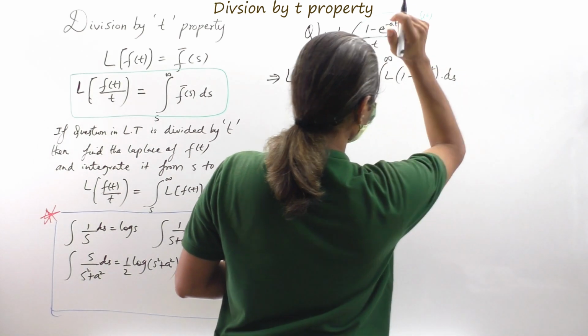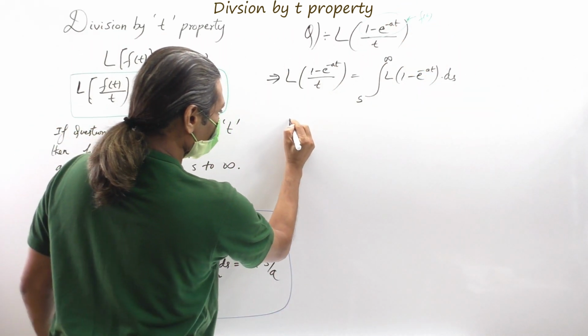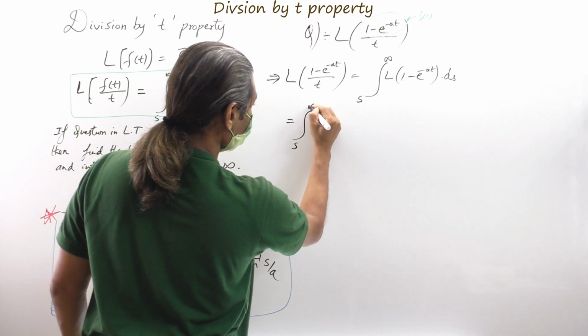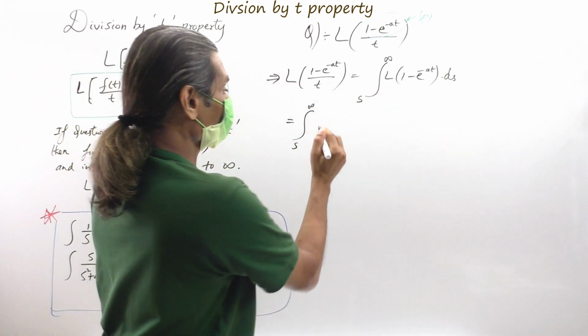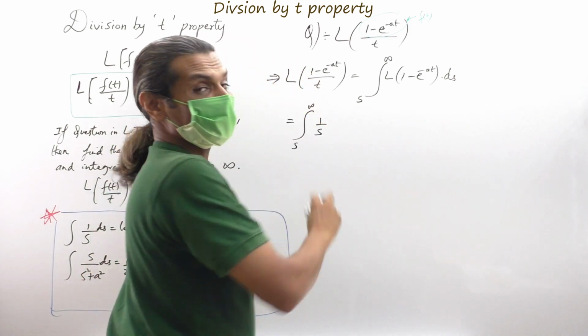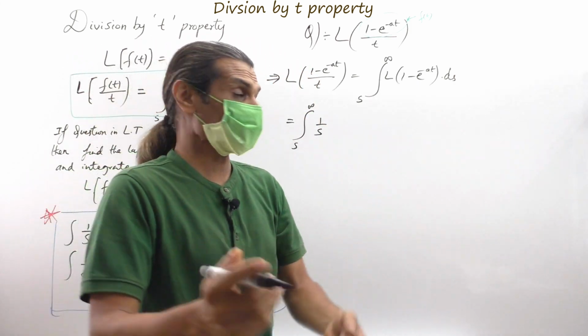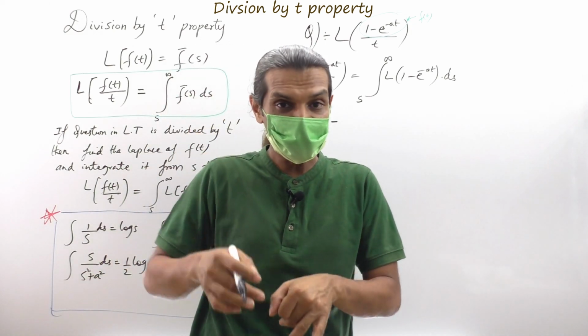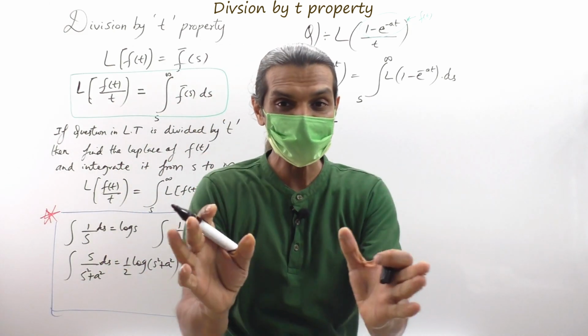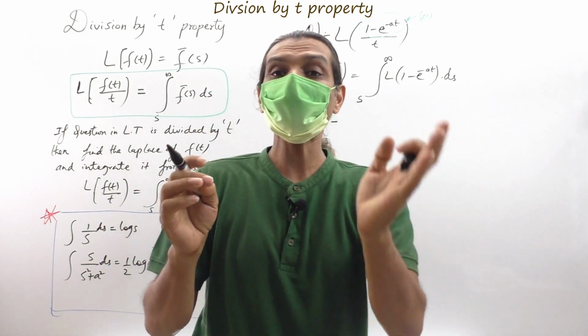And now, I hope you know how to solve this. So, this will be now integration from s to infinity. Do the Laplace here. What is Laplace of 1? It is 1 by s, because recall Laplace of constant a is a by s. So, 1 is 1 by s minus Laplace of e raised to a t, which is 1 by s minus a.